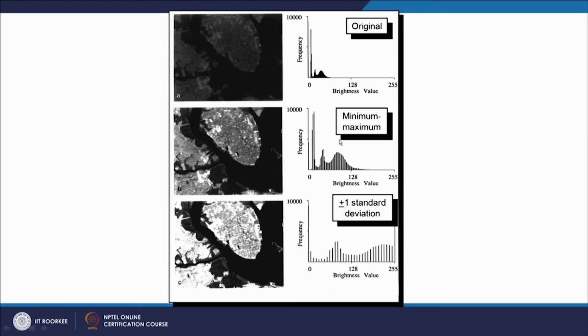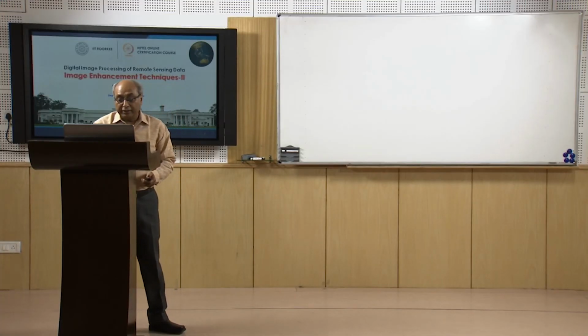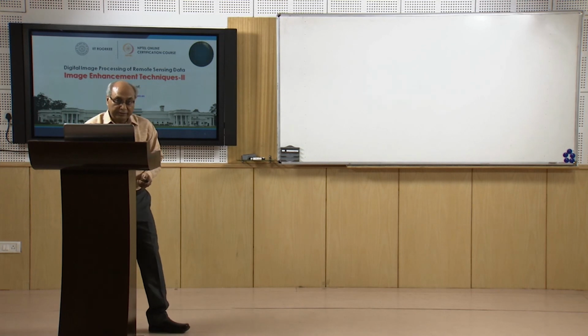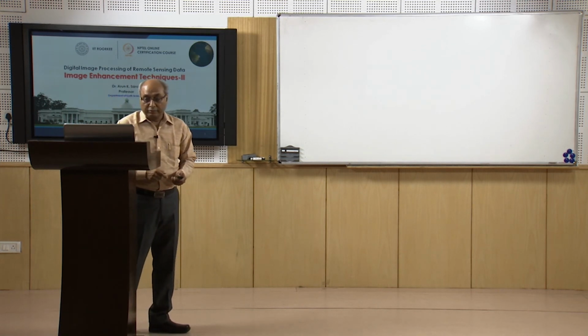With a simple minimum maximum stretch the maximum value goes up to say 140 or 150, and therefore you do not have as much contrast as one would like. If I go for 1 standard deviation, then I am occupying the entire range available between 0 and 255, and the contrast of this satellite image improves very significantly.